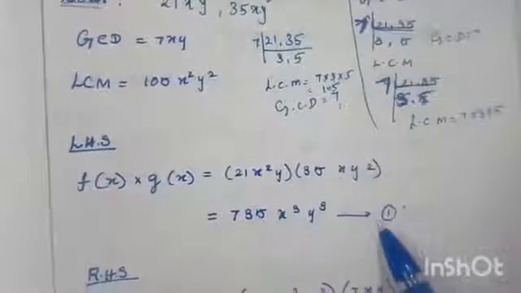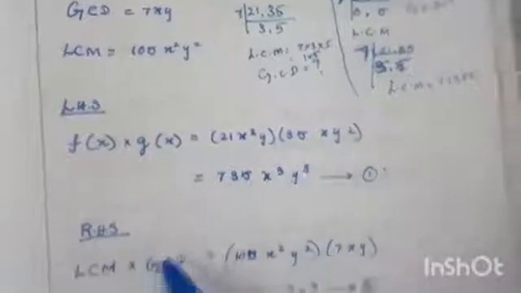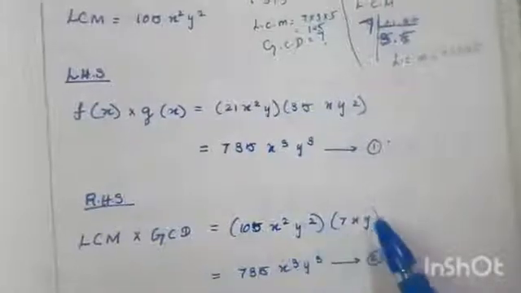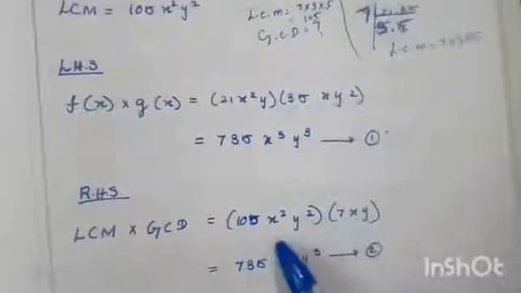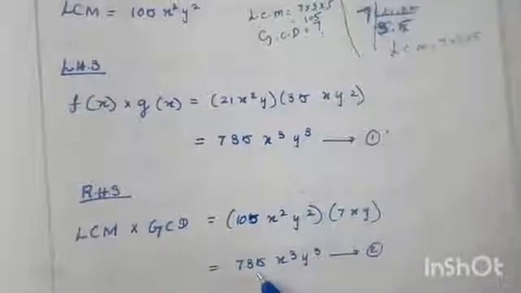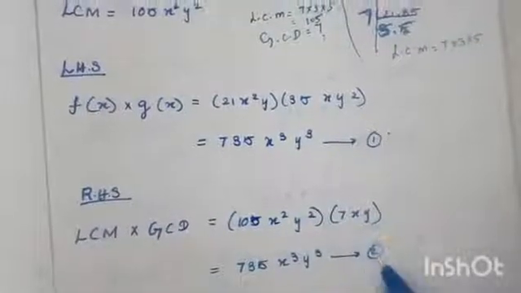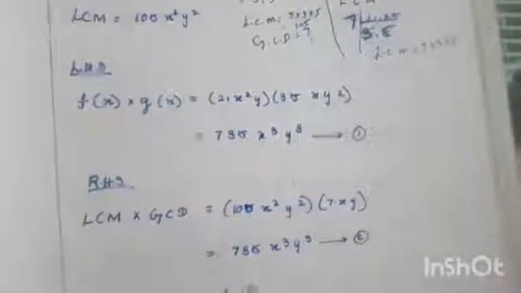Call it equation number 1. Then RHS, LCM into GCD. LCM we found 105 x square y square, GCD 7xy. 105 into 7 is 735, x square into x is x cube, y square into y is y cube. Call it 2. From 1 and 2, it is verified: f(x) into g(x) is equal to LCM into GCD.